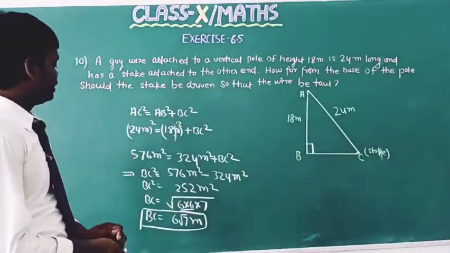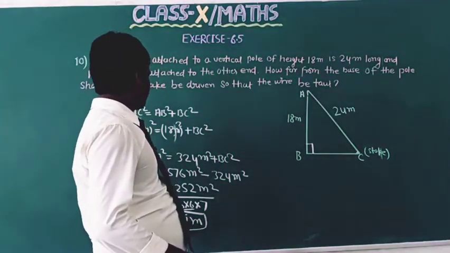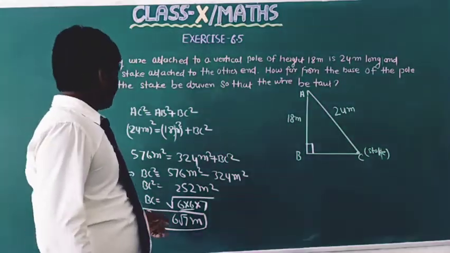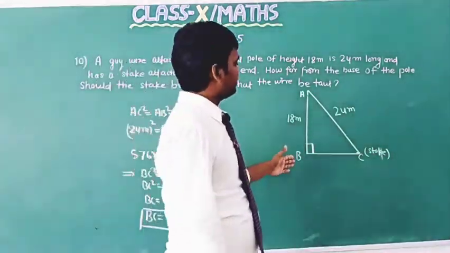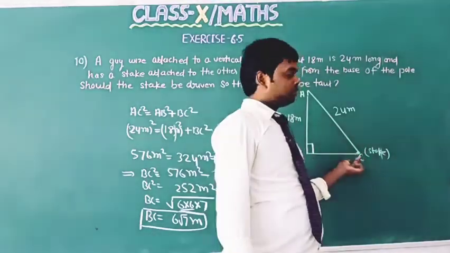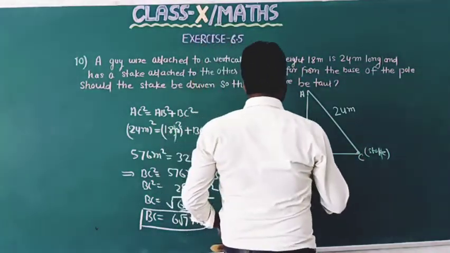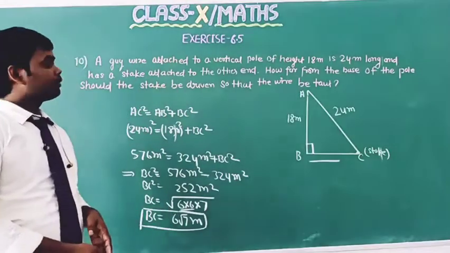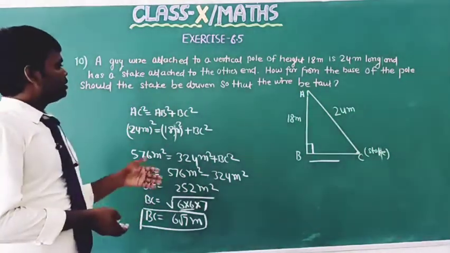So this is the distance between the base of the pole and the stake, 6 root 7 meter. This is the answer of this question.